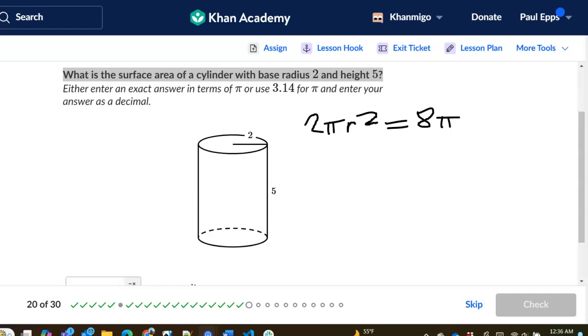All right. Now, to get the surface area of the outside of the cylinder, we need the circumference of the circle, which is 2 pi r, times the height. The radius is 2, the height is 5, so this taken together is 10.